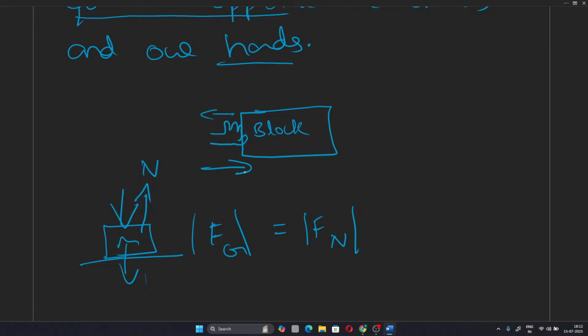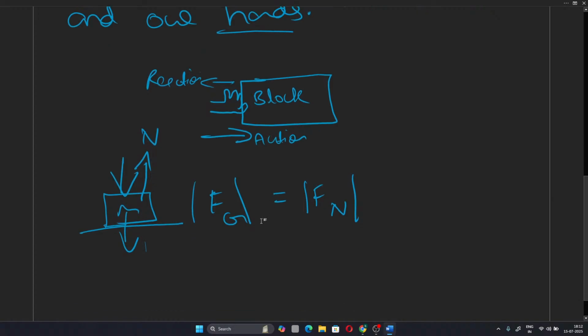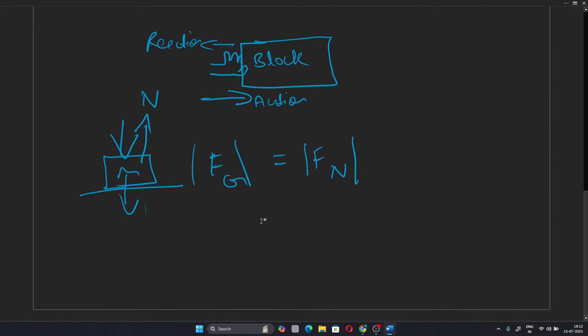Our hand is pushing the block, that is action, and the block is also applying a reaction force, that is a reaction. If there was no reaction, our hand would have gone directly through the block as if it was air. Understanding this simple thing gave us the third law of Newton, or the third law of motion.